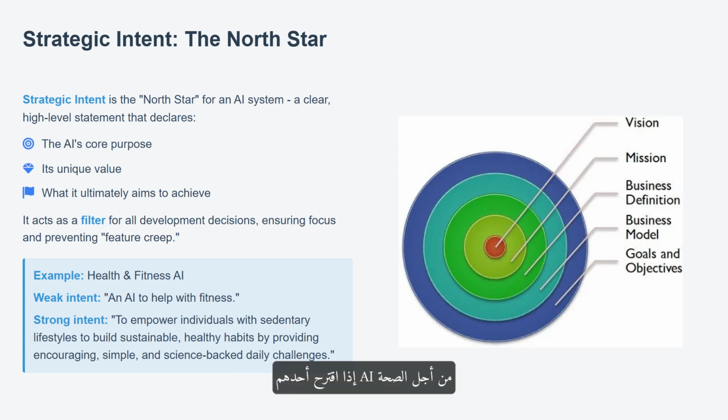For the health AI, if someone suggested adding a feature to track stock prices, the team would immediately reject it because it doesn't align with the intent of empowering healthy habits. This ensures the AI remains focused, effective, and true to its mission, preventing feature creep and a diluted user experience.